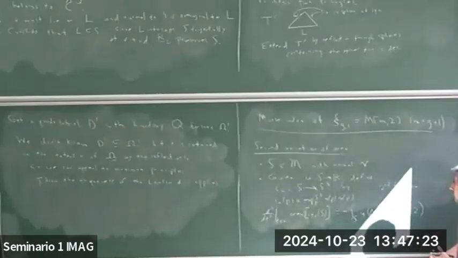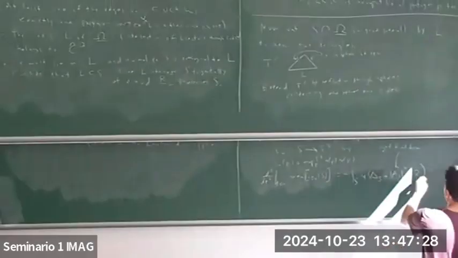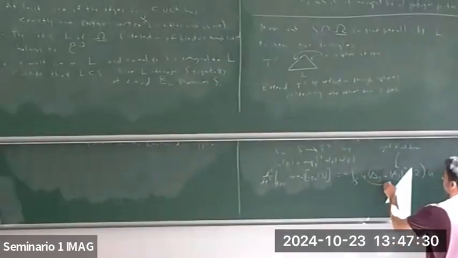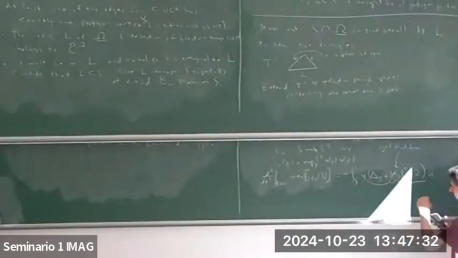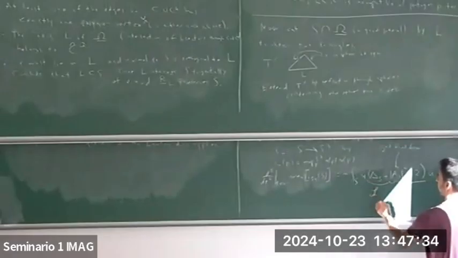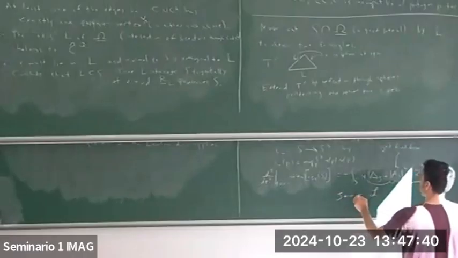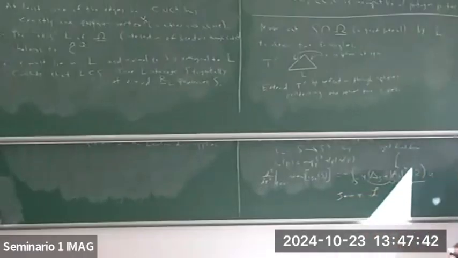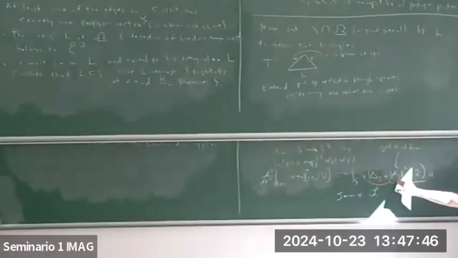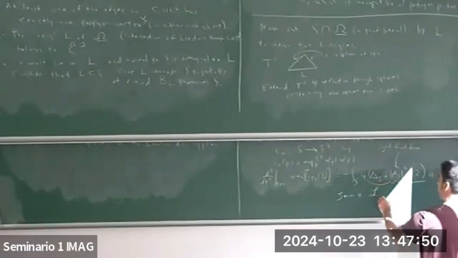Generally there's a Ricci term, and since we're in S^3, that term is going to be 2. So the second order operator showing up is the Laplacian, plus the square norm of the second fundamental form. This is the Jacobi operator of S.